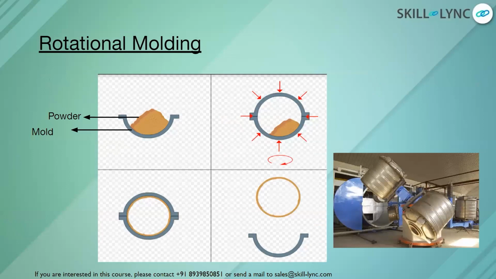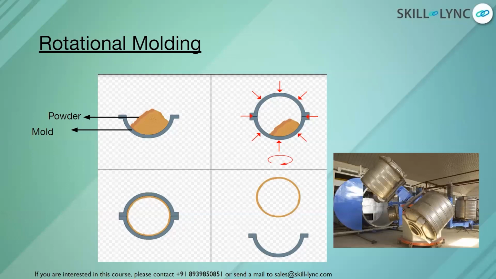Another process with respect to how plastics are manufactured is rotational molding. One of the best examples for rotational molding is your water tanks. Here we have powdered plastic, very fine plastic, which is put into a mold, basically two halves, and then the mold is heated and rotated to have a centrifugal action.